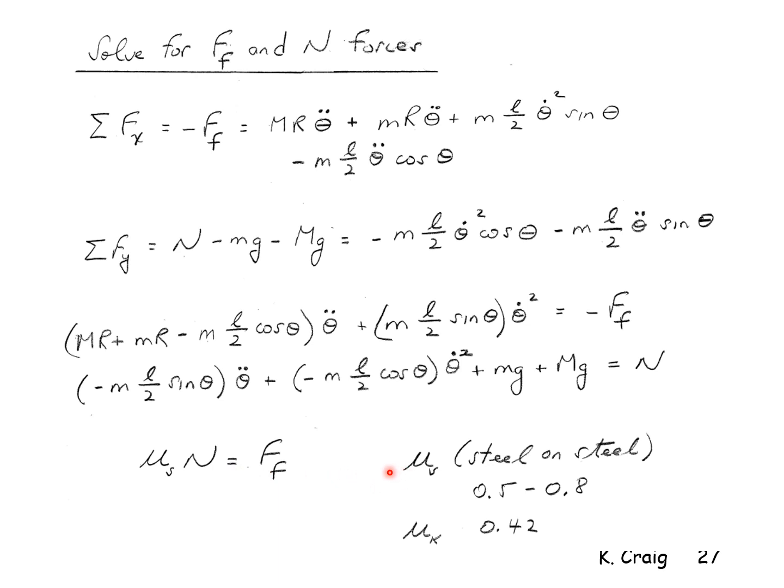The coefficient of friction is not a material property, it's a system property. One material on another, the range of values for steel on steel is 0.5 to 0.8. So as long as the coefficient of friction needed for the no-slip condition is less than these values, my no-slip assumption is valid. If the coefficient of friction needed for the no-slip condition to be valid is greater than these values, that value is not available from the steel-on-steel condition, and I will have slip.